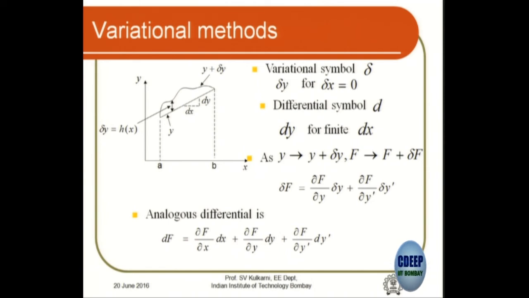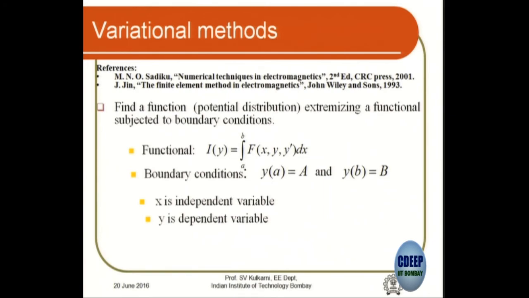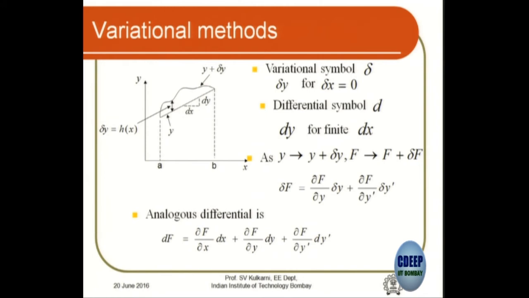The variables here are x, y and y dash, because we have taken f as a function of x, y and y dash. So the total differential in our general mathematical terms, when f is a function of x, y and y dash, will be this. Do you all agree?